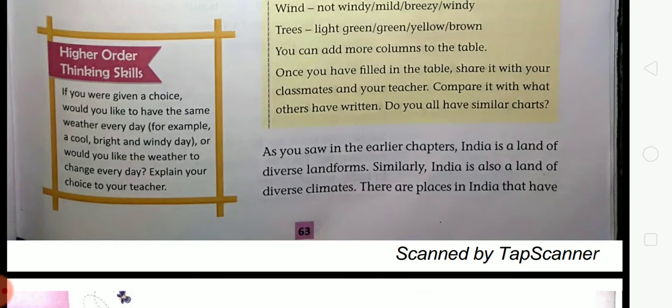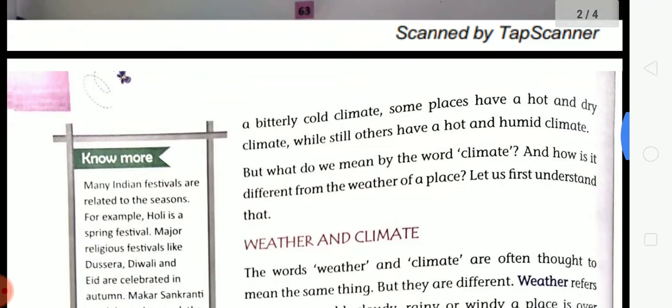So students, in India there is a diverse climate. There is a variety of climate in every place, and the climate varies from region to region, from area to area, and from state to state. There are places in India that have a bitter cold climate, a hot and dry climate, while still others have a hot and humid climate.